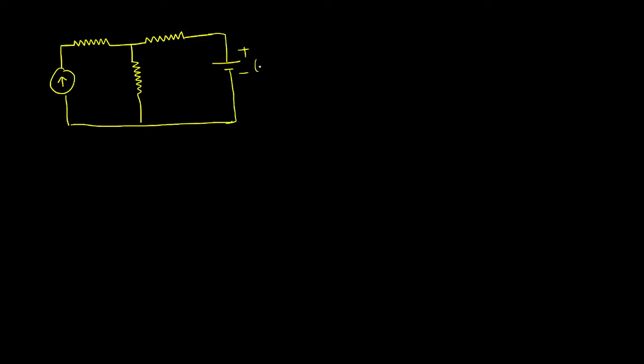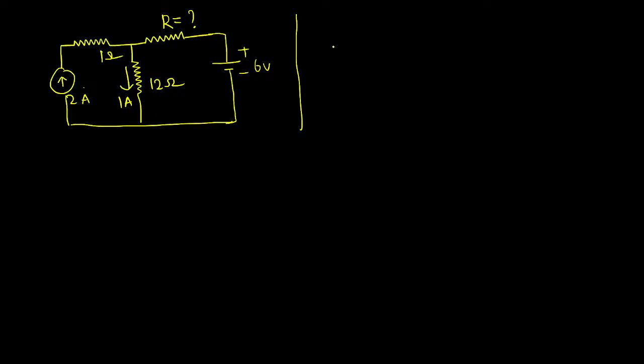The battery value is given as 6 voltage, and the value of the current source they told is 2 ampere, and here downward this value is 1 ampere, resistance value is 12 ohm, this is 1 ohm, this resistance is R. Everything else is given. Now I hope you understand the question. The question is, what is the value of R? This is the first question.